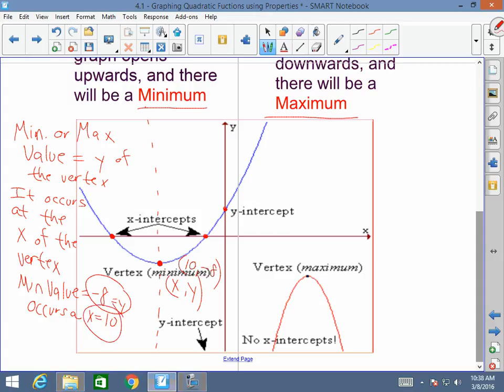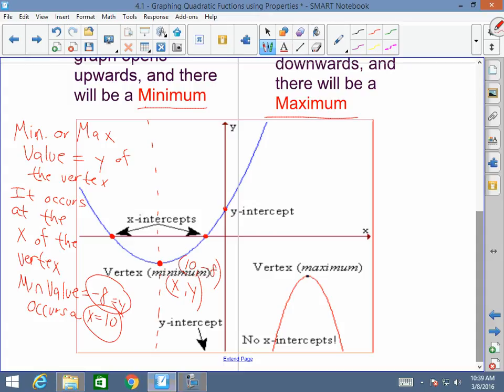The y value of the vertex is the value of the vertex. The x value of the vertex is where it occurs.